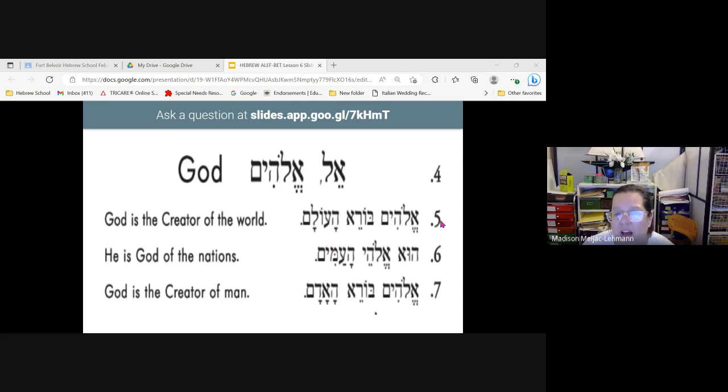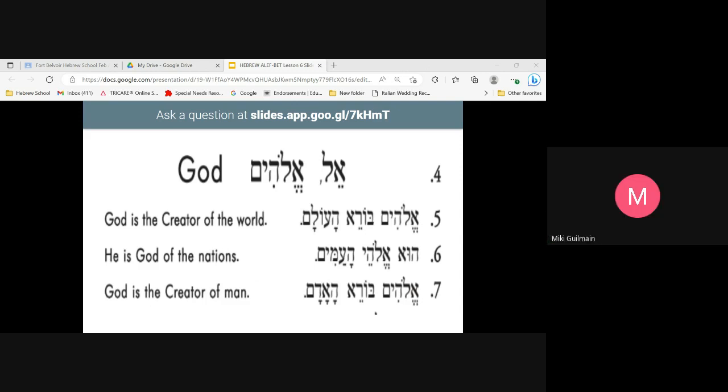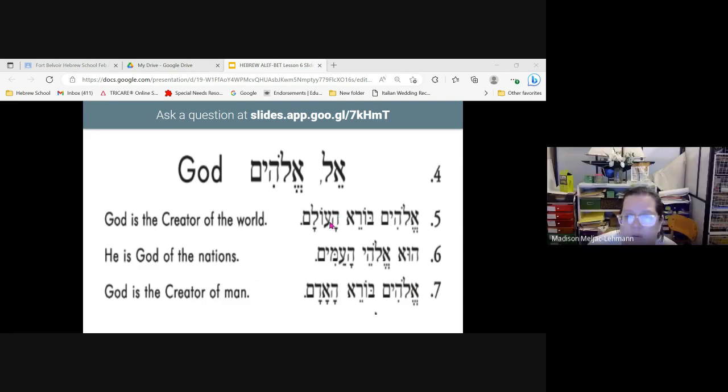Okay. Line 5. The very last word in line 5 by the period. Let's look at that really quick. Ready? So we have our ha in front, right? And then we have our ayin. And does ayin make any sound? No. So we have ha, we have a skip, and then we have an olam vav, which makes what sound?